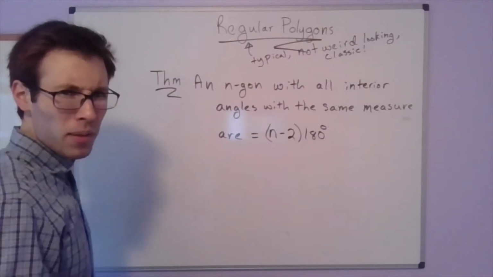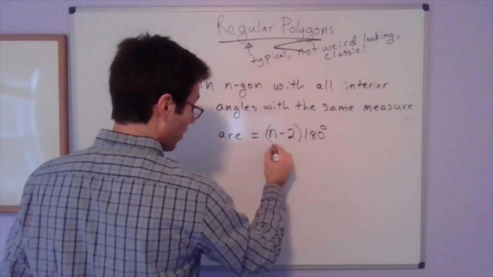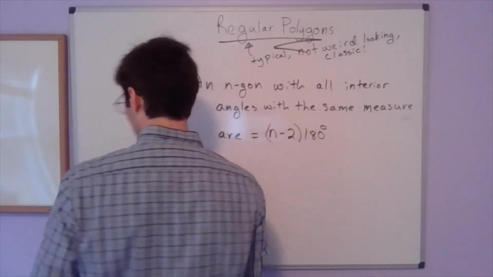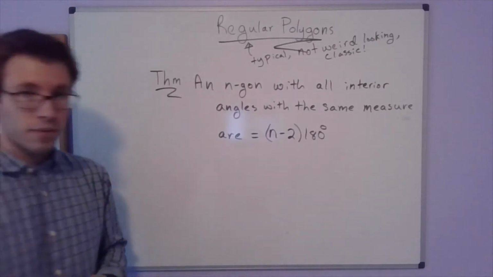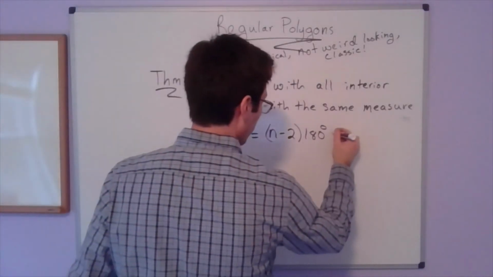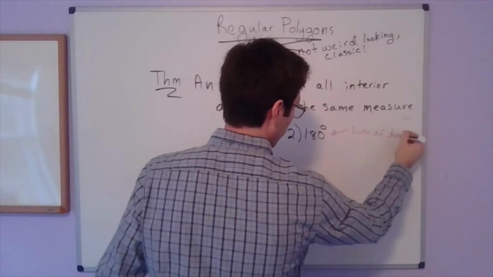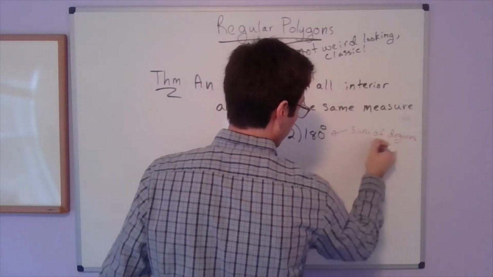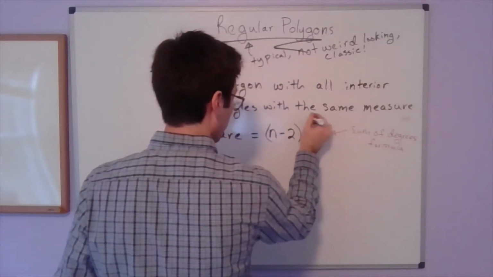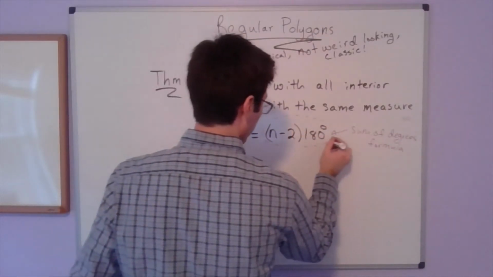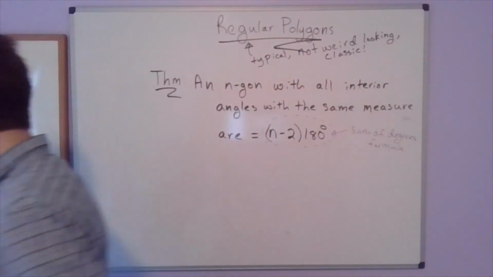What is that formula again? Wait one second, I'm not done writing this. Yeah, this is the formula. This is the sum of degrees formula. The sum of degrees formula is right there: n minus 2 times 180.